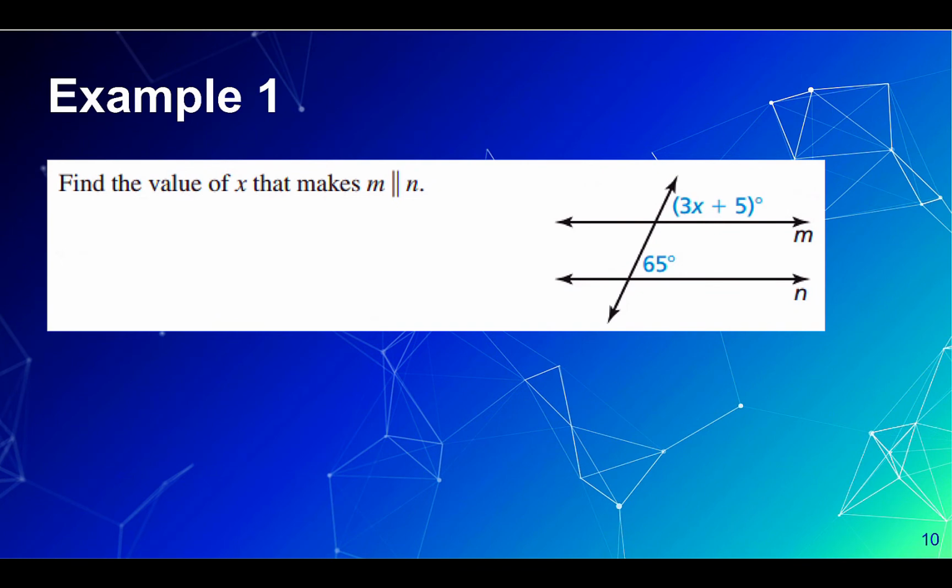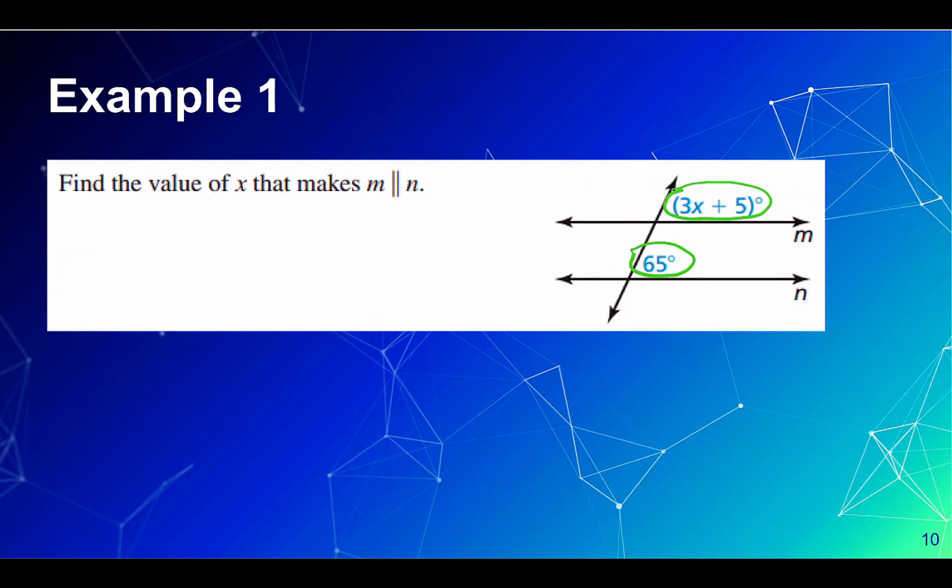Example 1. Find the value of x that makes m parallel to n. I don't know if m and n are parallel. The only way I know for sure is if these corresponding angles are congruent.